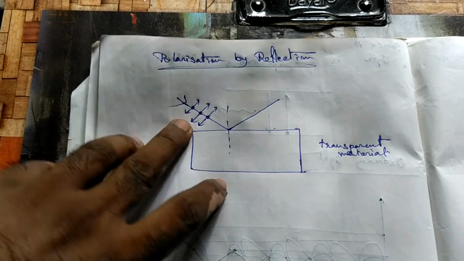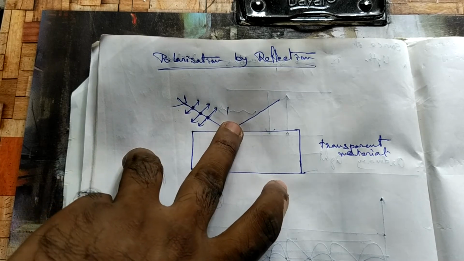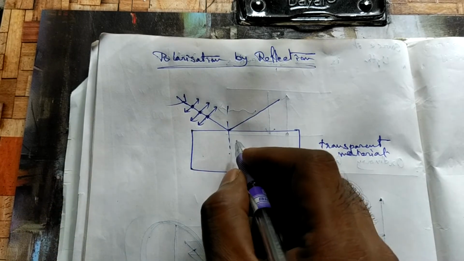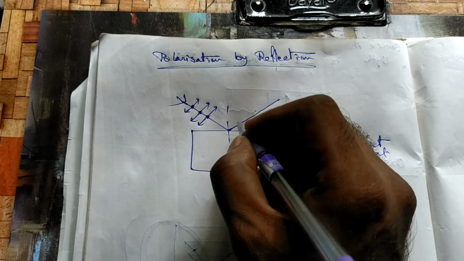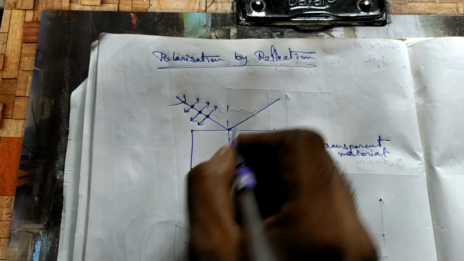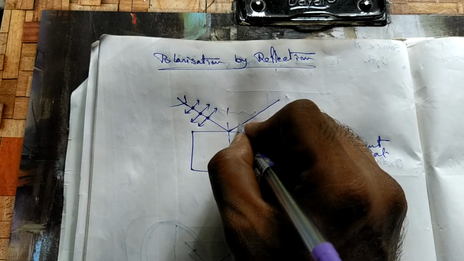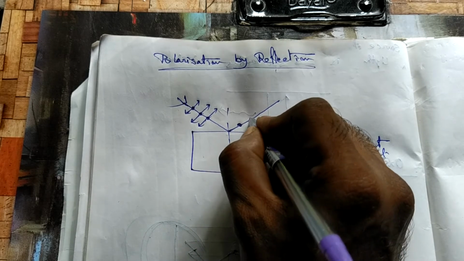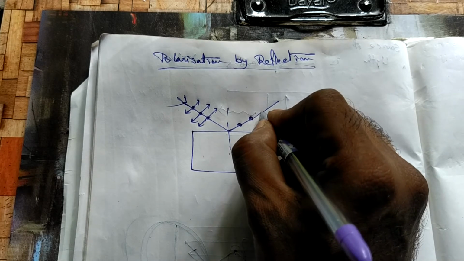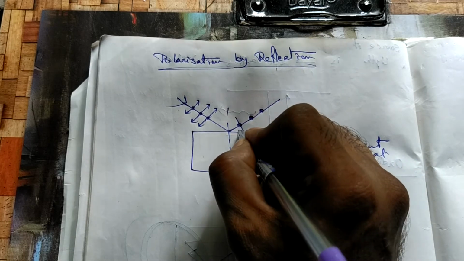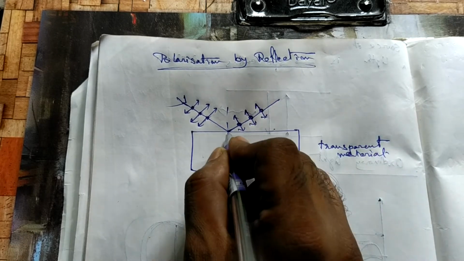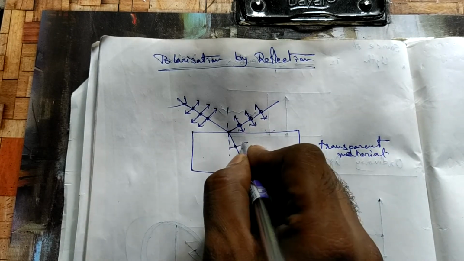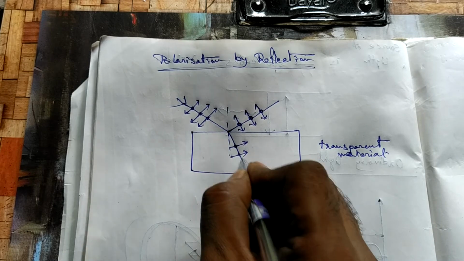If this light is incident on this plane, we get some reflection and refraction also.